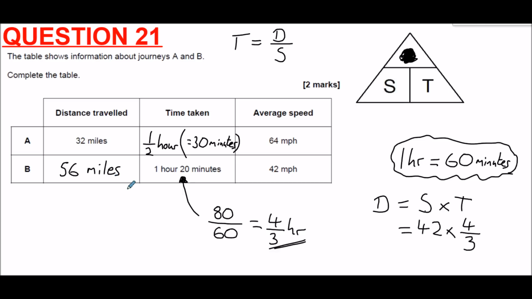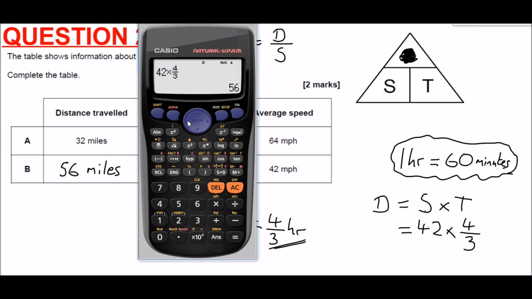I did mention another way we could do this. What we could do is think about the time taken in terms of minutes. 1 hour and 20 minutes, that equals 80 minutes. And so if we did speed times time using minutes, what we would have got is the speed of 42 multiplied by 80, which would be 3,360.